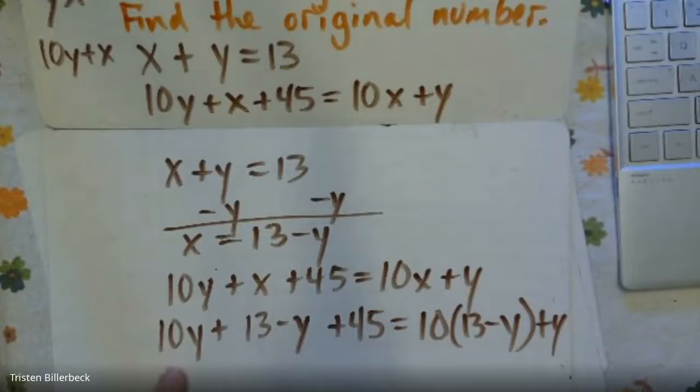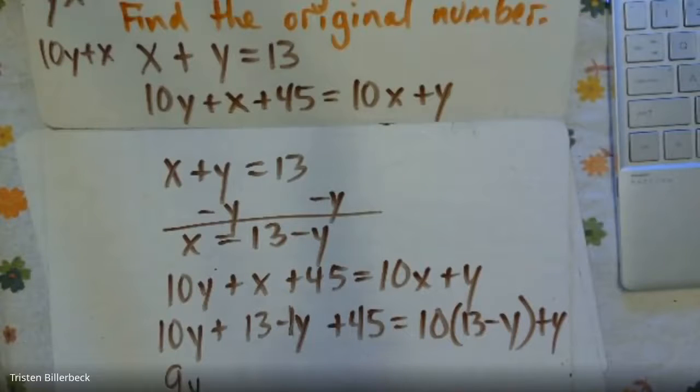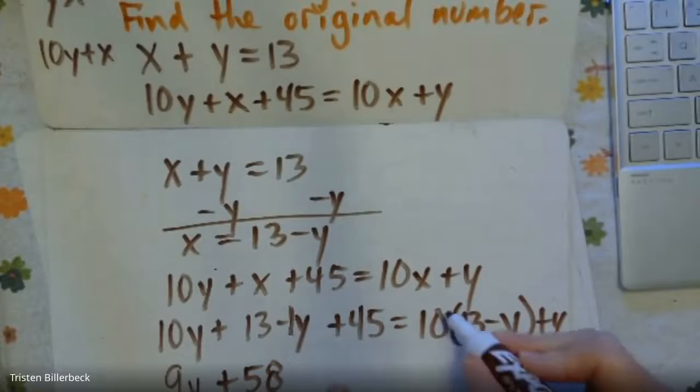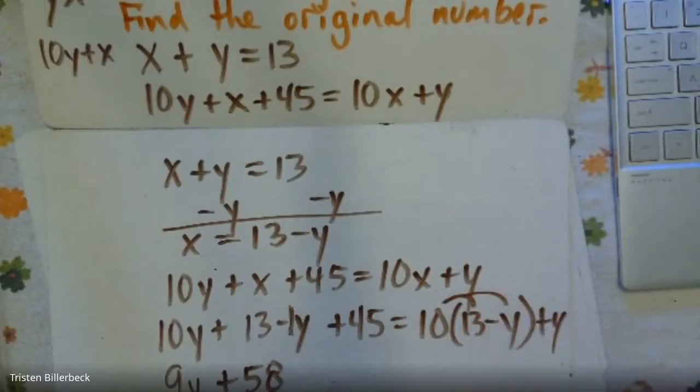Okay, so at this point I can start putting things together. There's really a 1 right in front of this y. So 10y minus 1y is 9y. And 13 plus 45 is 58. Then I'm going to distribute this to those.